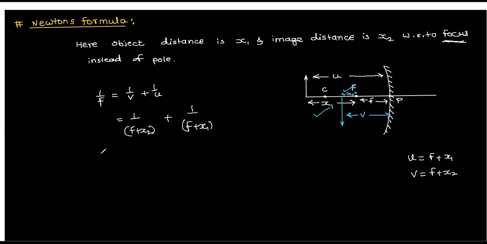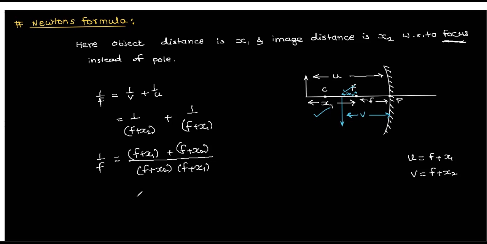Let's move ahead, and then 1 by f is equal to, if we solve this, that is (f plus x1) plus (f plus x2), divided by (f plus x2) into (f plus x1).